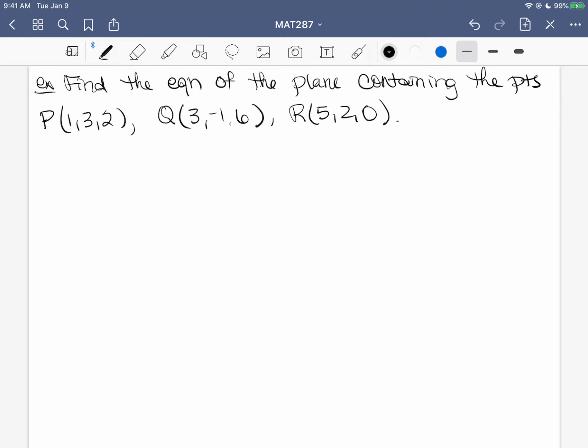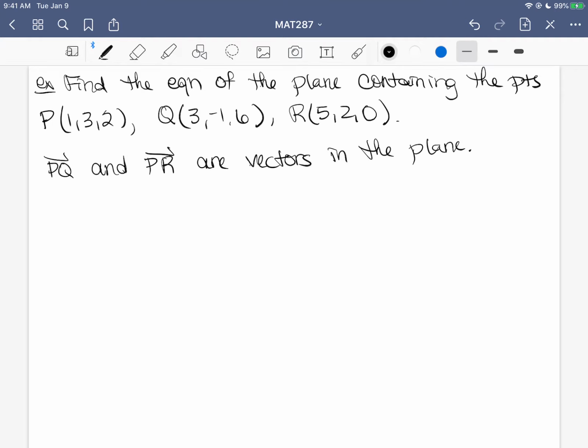So the plane containing these 3 points is going to contain the vectors formed by these points. So in particular, PQ and PR are vectors in the plane. And so if I take their cross product, I'm going to get a vector that's normal to both PQ and PR.